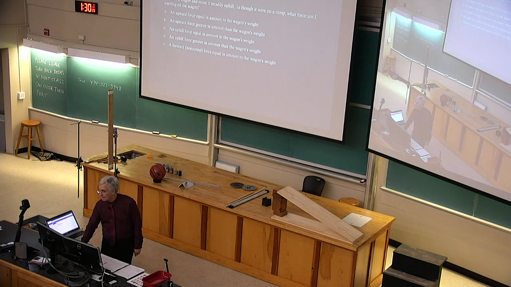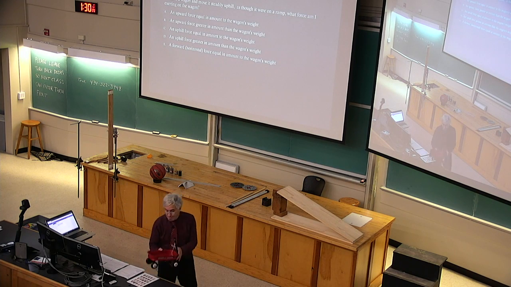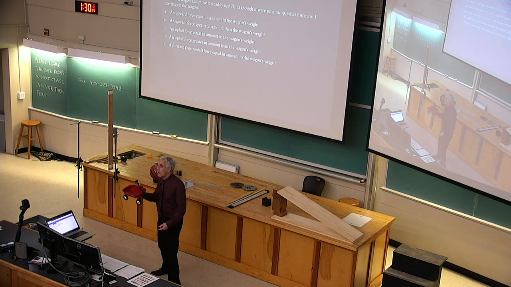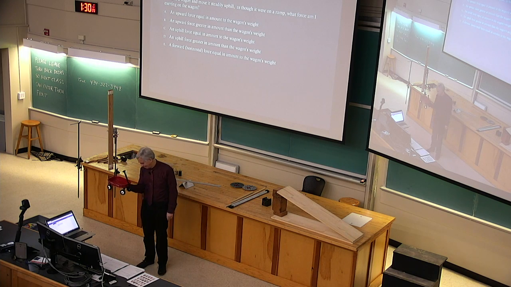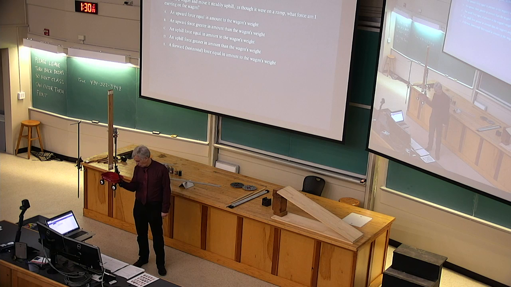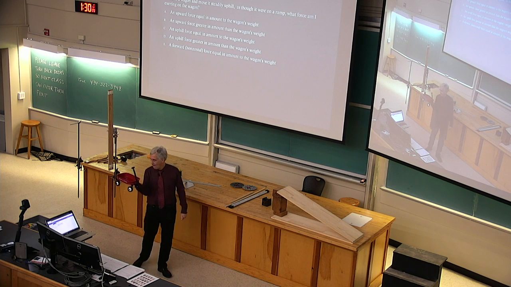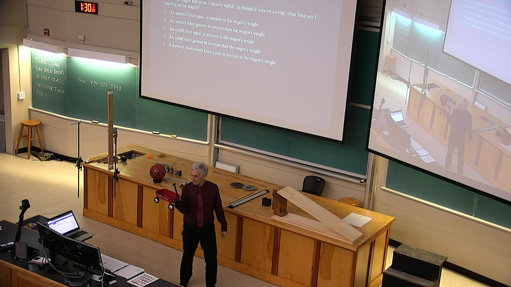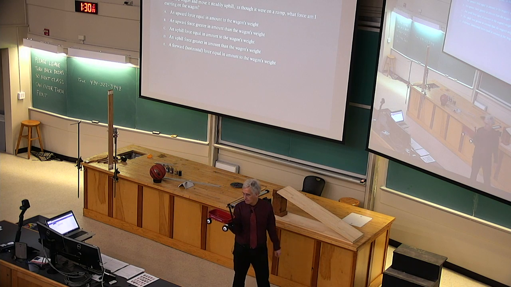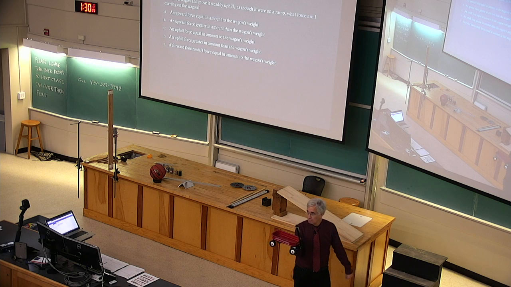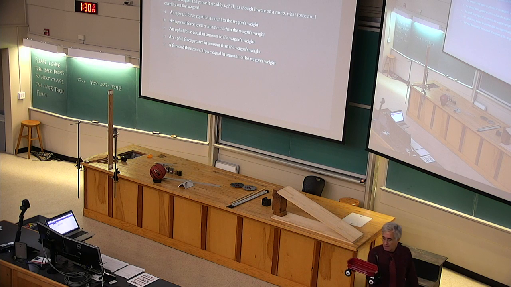Okay, how am I going to make progress with this one? I'm going to go exactly horizontal. Now I'm going. I'm at constant velocity. What's the net force on the wagon? 0.